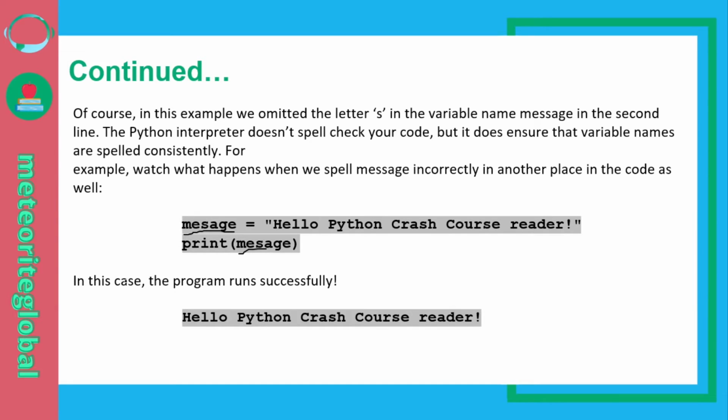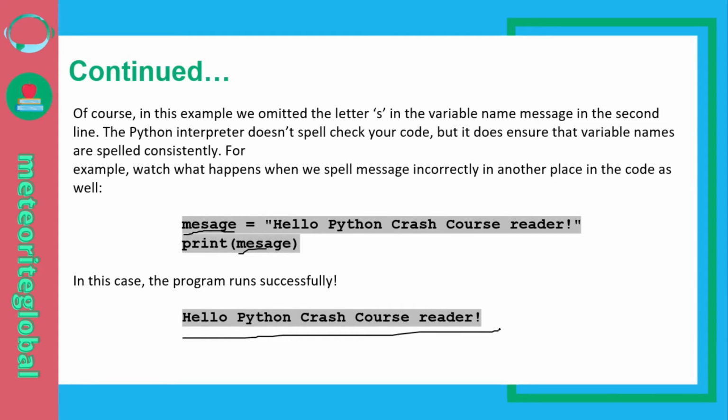That is very hard to look at sometimes when you have a very long code and you have to scan through it very fast. You miss this very frequently, so you have to be very thorough. When you consistently misspell it or consistently use the wrong spelling, it will run successfully.